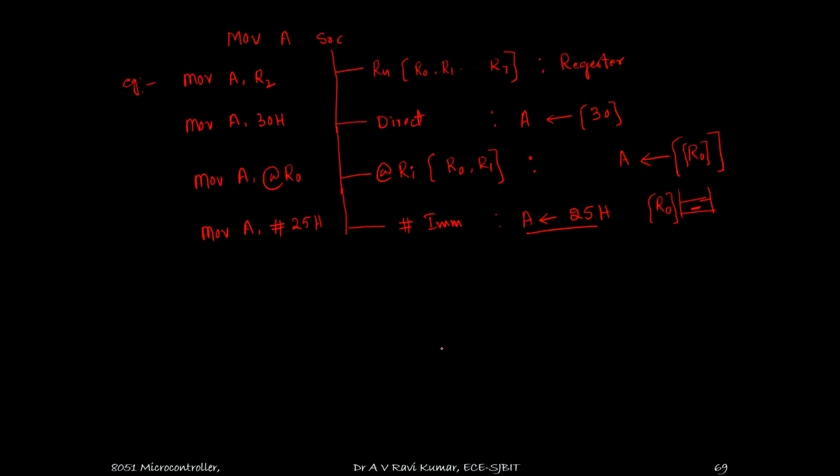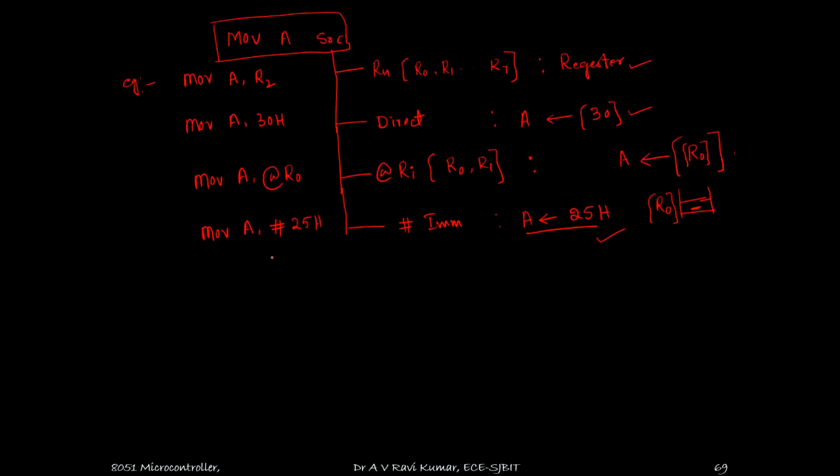So this is one format, MOV A, source. The source can be in different addressing modes: register, direct, indirect and immediate addressing mode. In all these addressing modes we can represent the source when the destination is the accumulator. Similarly, next we'll have one more format.